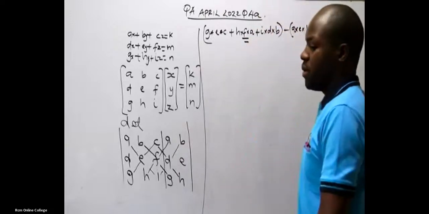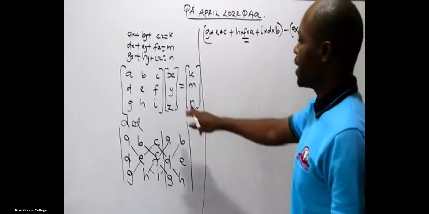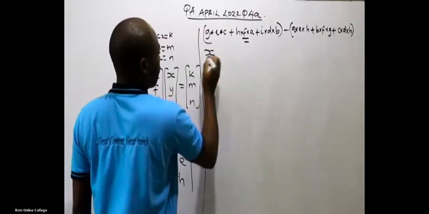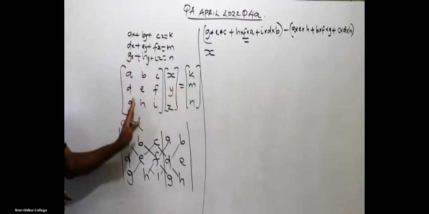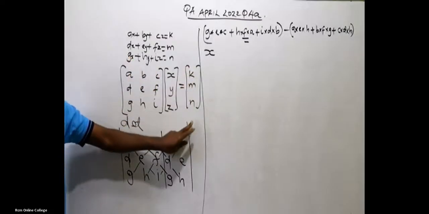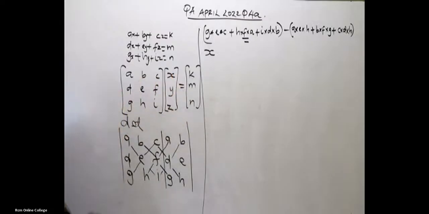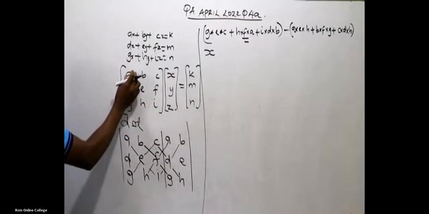That's your determinant. After getting the determinant, you move to getting the value of X. When I want to get the value of X, it is very simple. I'll be replacing each column with the constant. If I want to get X, I'll take this constant and use it to replace the first column.